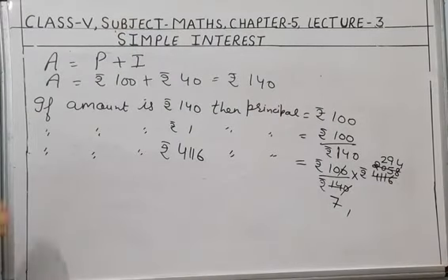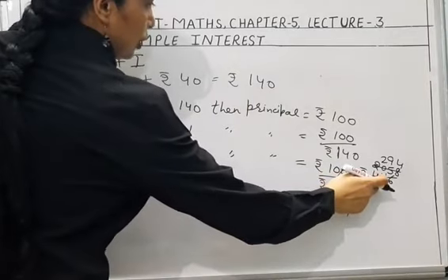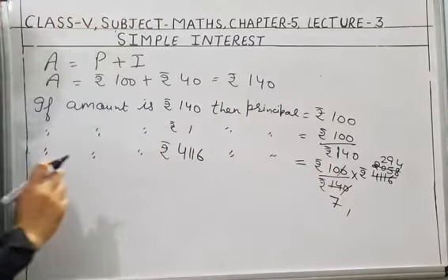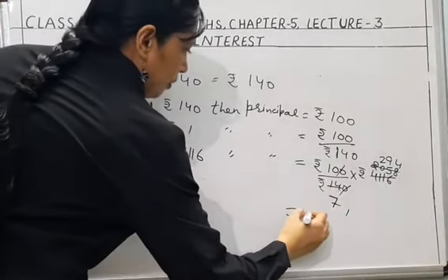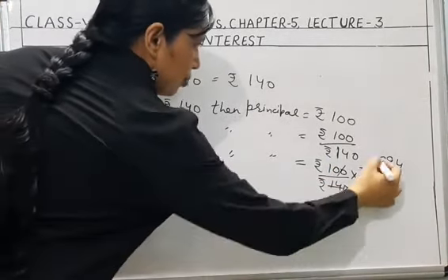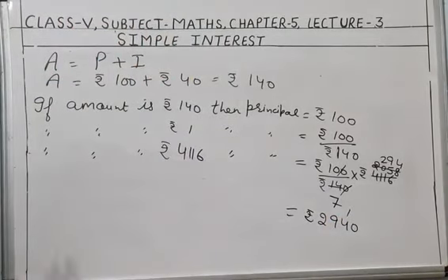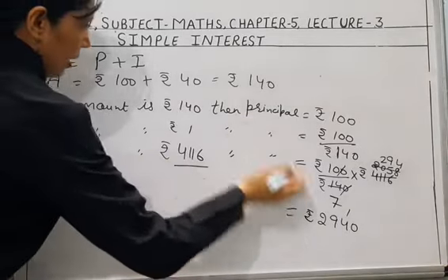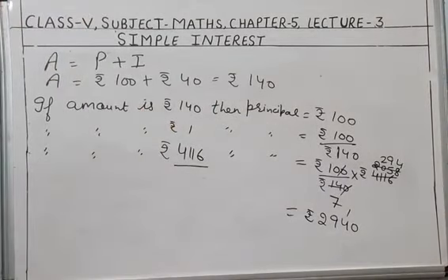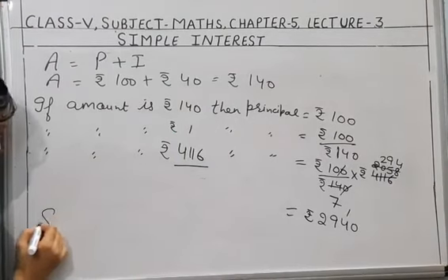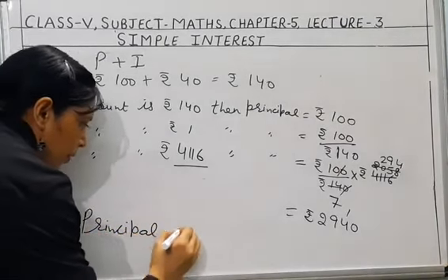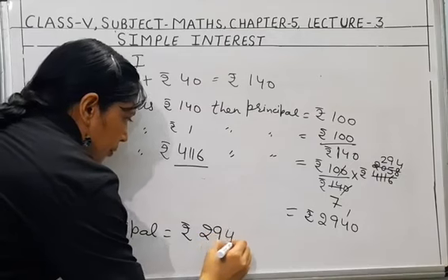If you don't know how to do cancellation, then you can do multiplication of this 4,116 with 100 or with 10 and divide with denominator. Now we are left with rupees 294 multiplied by 10. It will become 2,940. Now we have got our answer that if amount is 4,116, then principal is rupees 2,940. So principal is equal to rupees 2,940.